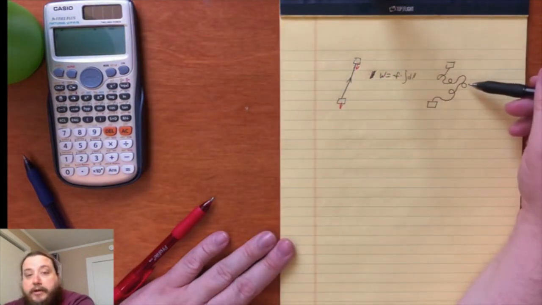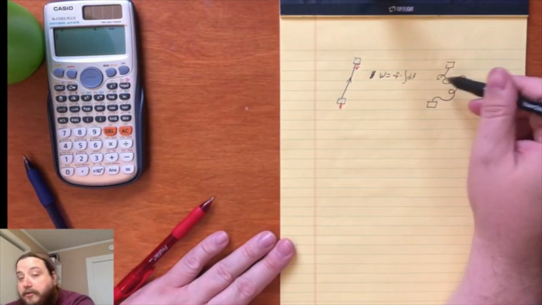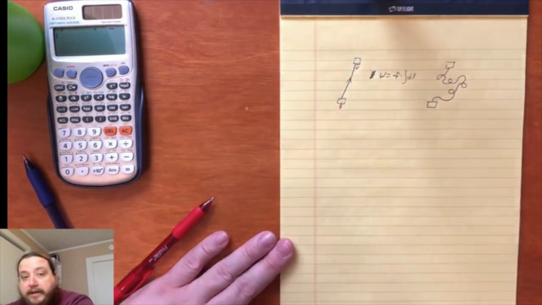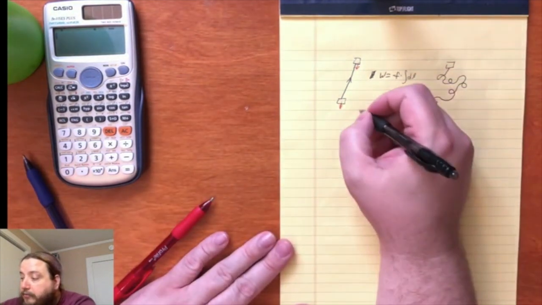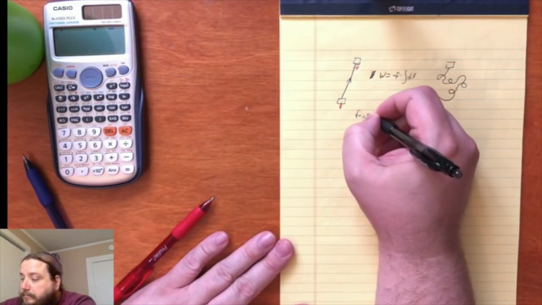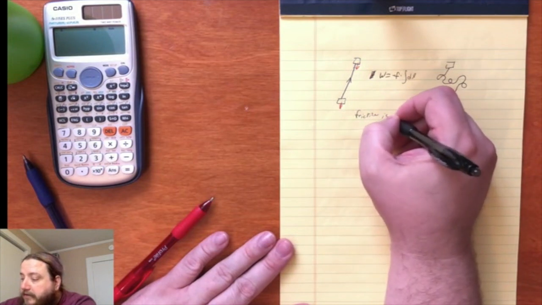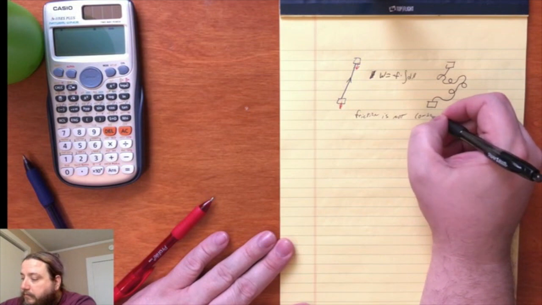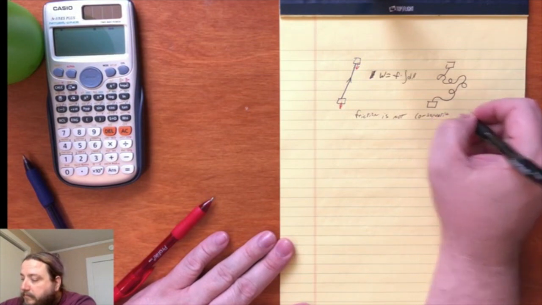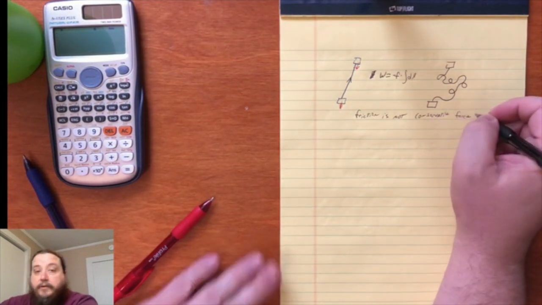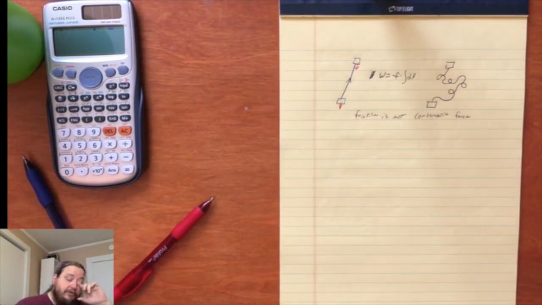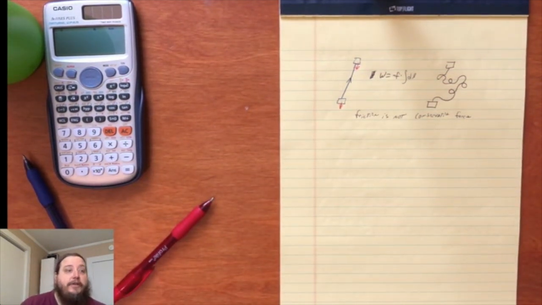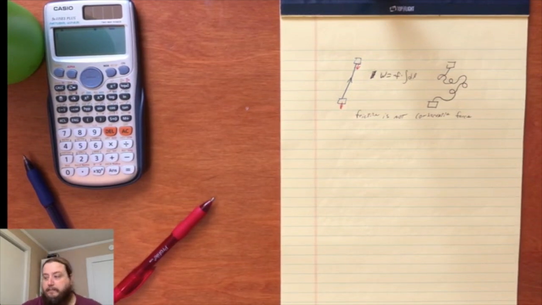You're going to lose more energy to friction by taking the scenic route than you would have by taking the direct route. So friction is not a conservative force. Friction isn't a conservative force here, so we can't treat it as we would gravity or springs.